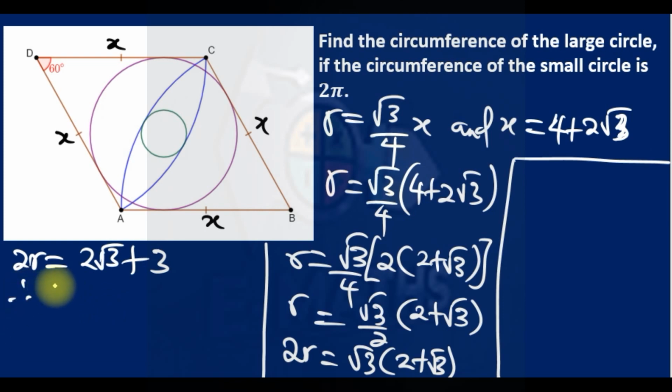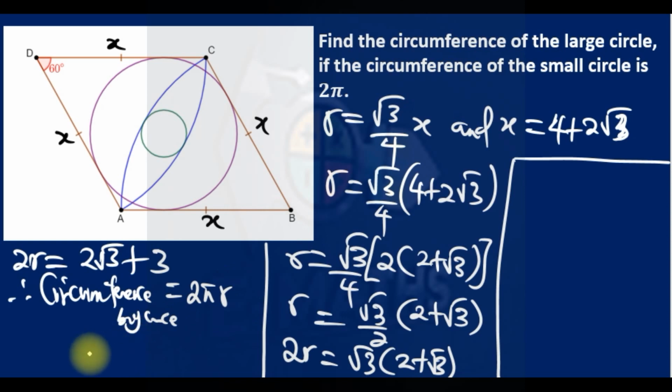Therefore, the circumference of this circle, of the big circle, is now 2 pi r, which is pi times 2r, and 2r is 2 root 3 plus 3.